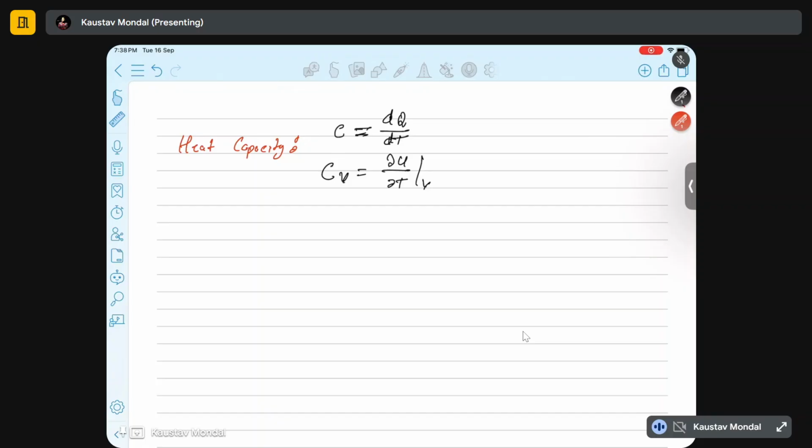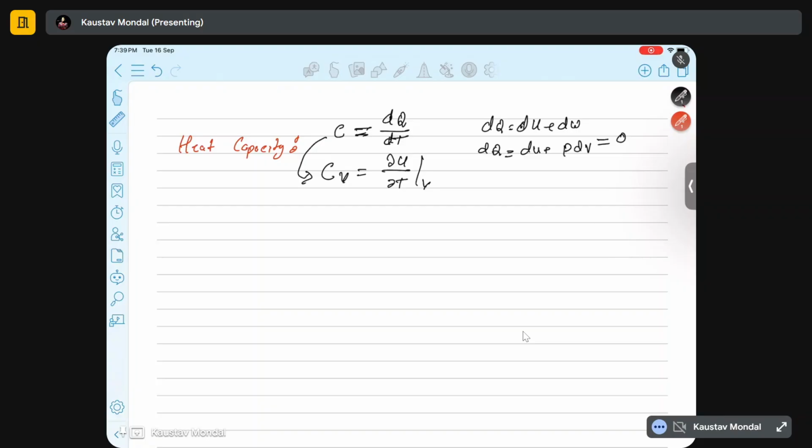Now for the case of constant volume, we can write dq as dU plus dw, right? So dq is dU plus P dV. If volume is constant, dV is 0, so P dV simply becomes 0.